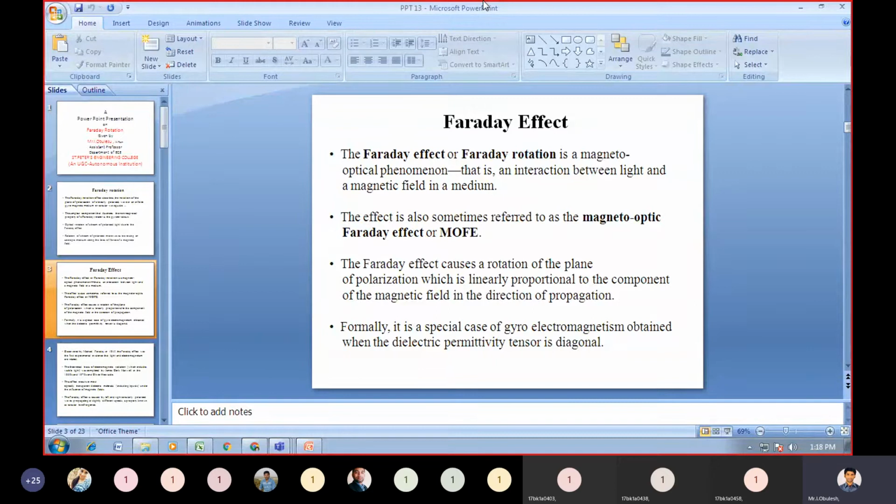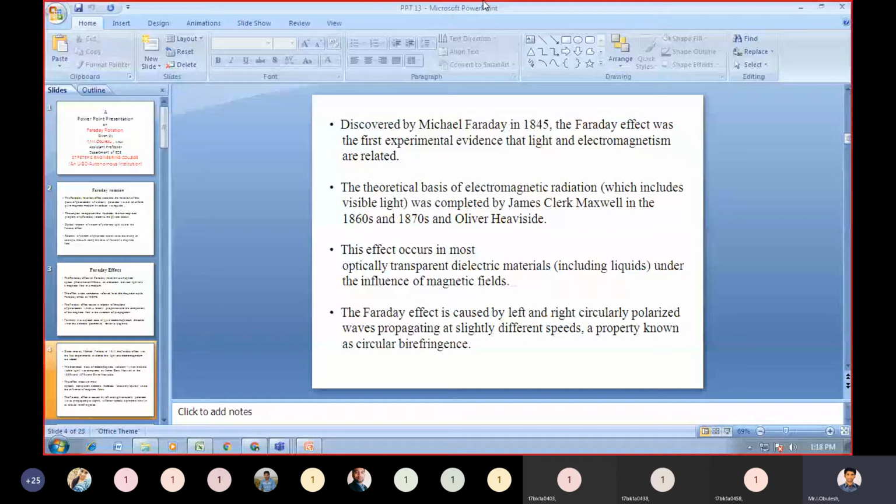It causes a rotation of the plane of polarization, which is linearly proportional to the component of the magnetic field in the direction of propagation. I think you already learned this from physics in the first year, first semester.